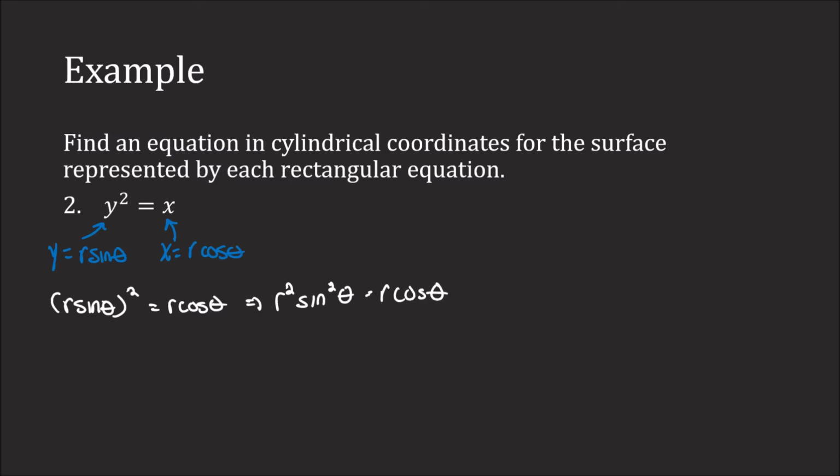We can divide by r, and we'll have r sine squared of theta is equal to cosine of theta. Now, if we do that, we have to make the restriction that r cannot be 0, which is a fairly safe restriction.